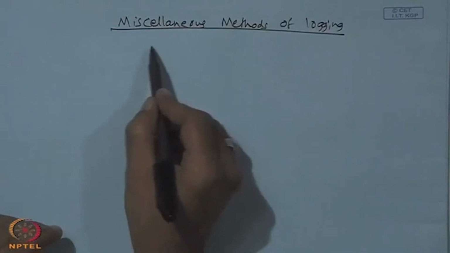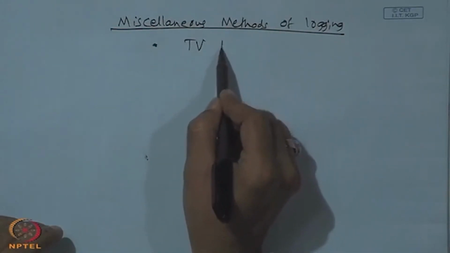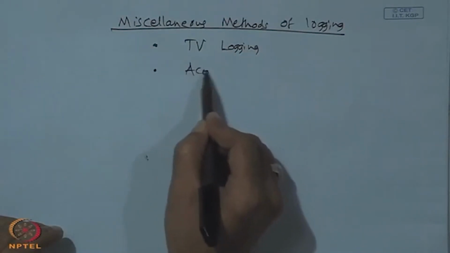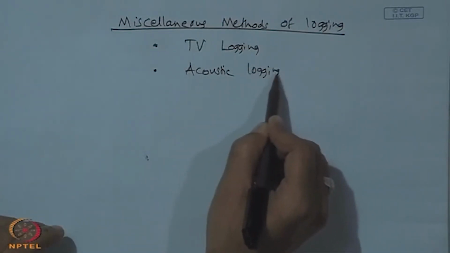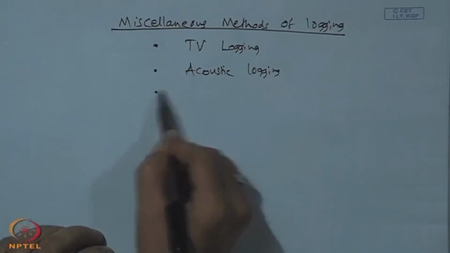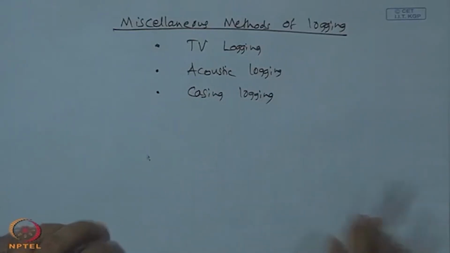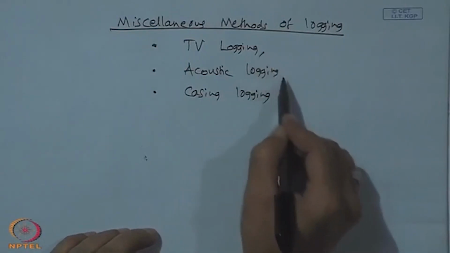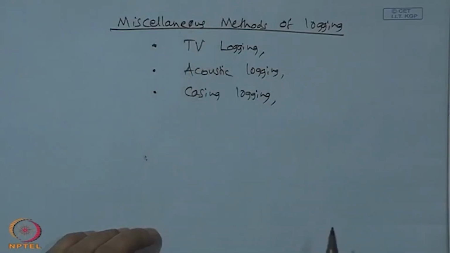In this there is TV or television logging, there is acoustic logging, and the third one is the casing logging. These are the three important techniques which are grouped under the miscellaneous logging.